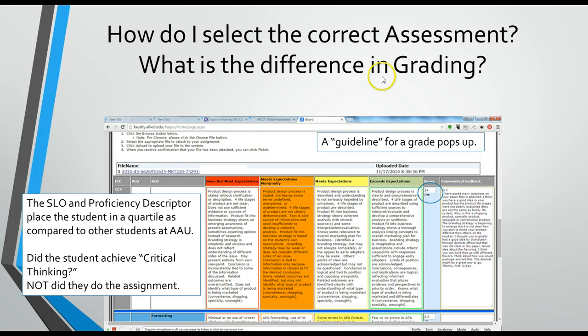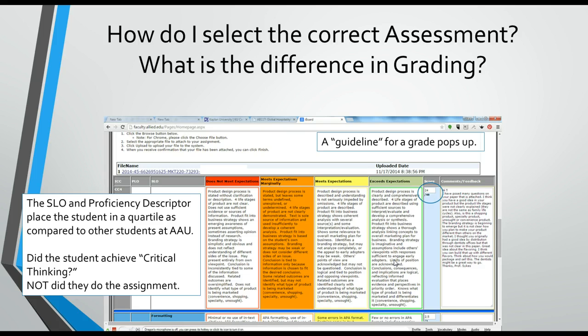So how do you select the correct assessment, and what's the difference between that and grading? Note that when you select an assessment, a guideline for the grade is going to pop up. And it would appear that does not meet would be 25%, meets marginally would be 50%, meets expectations is 75%, and exceeds expectations is 100%.